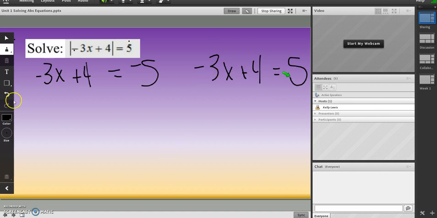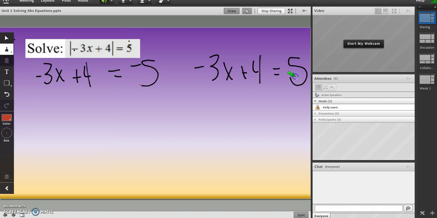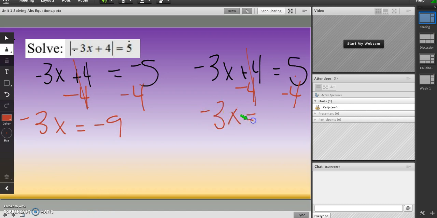All right, so this is a regular number, so I'm going to move this 4. It's positive, so I'm going to subtract it because we need it to equal 0. So I have negative 3x equals negative 9, negative 3x equals 1.